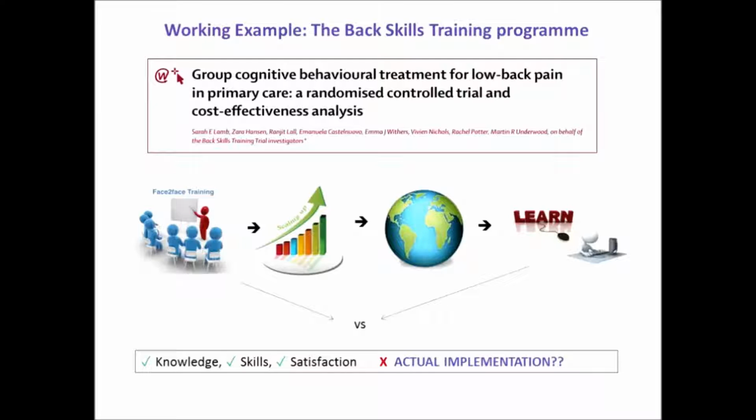I was involved with one project underneath this initiative called the Backskills Training Program. This program was developed by Professor Sally Lamb and her team in 2005, I believe, and it was shown in a very large randomized controlled trial to be a cost-effective and effective treatment for patients with back pain.